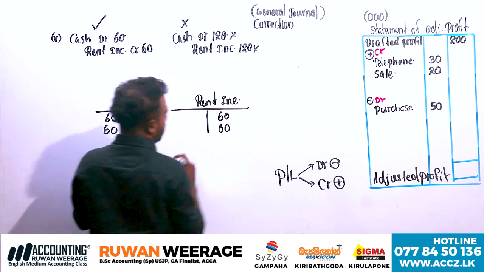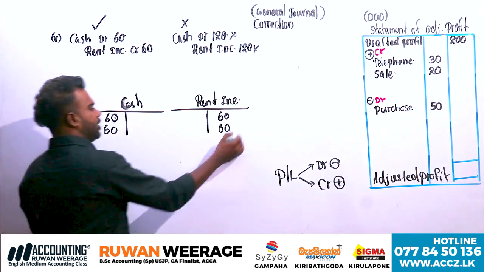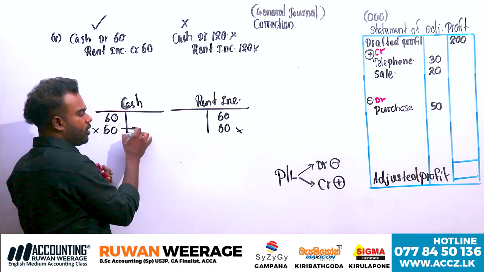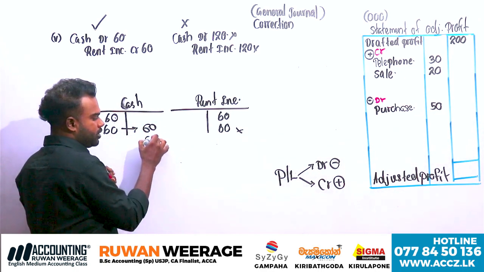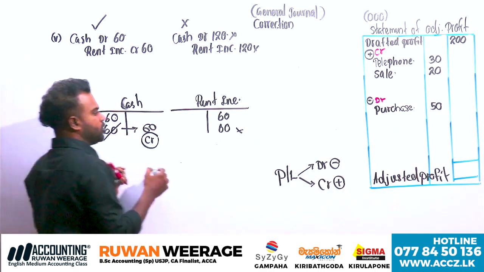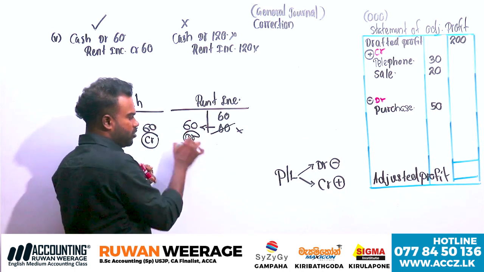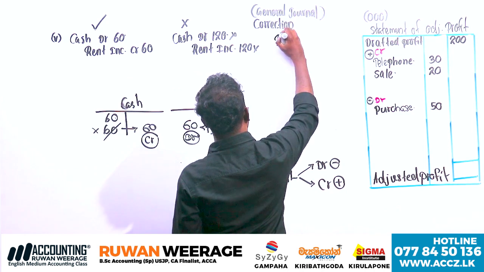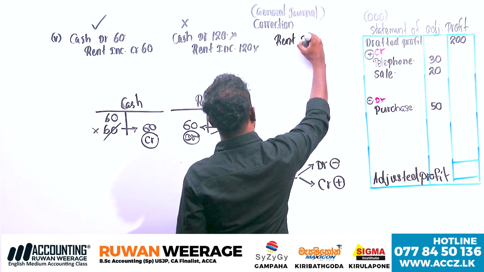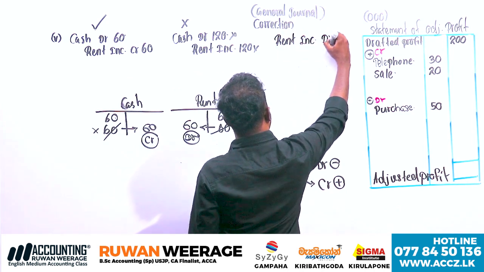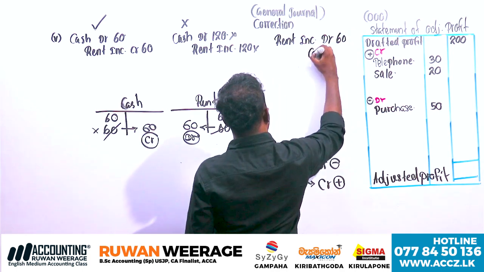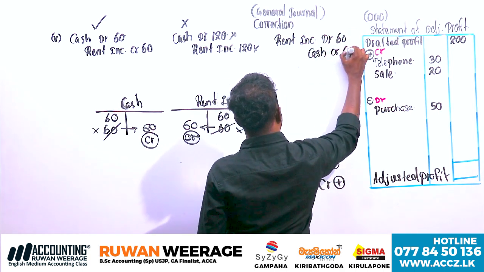The excess amount was recorded incorrectly. Therefore, to remove it, we credit another 60, then you can remove this. To remove the other one, debit. Therefore, you have to reverse the double entry. Rent income debit 60,000, cash credit 60,000. Right.